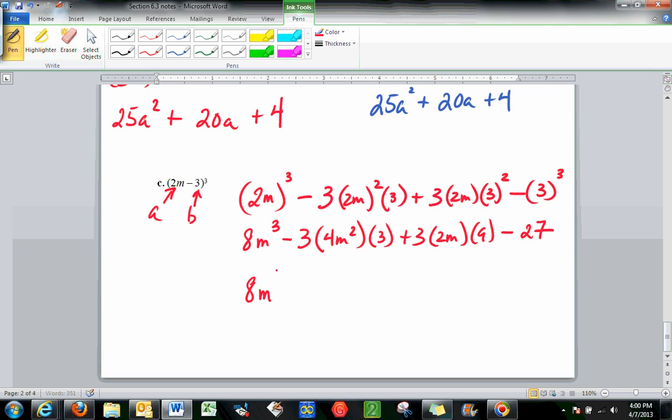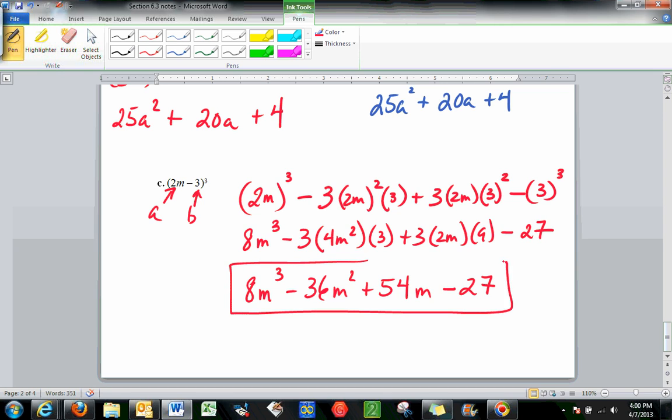So we have 8m cubed minus 36m squared plus 54m minus 27. And that is the final result of the binomial being cubed.